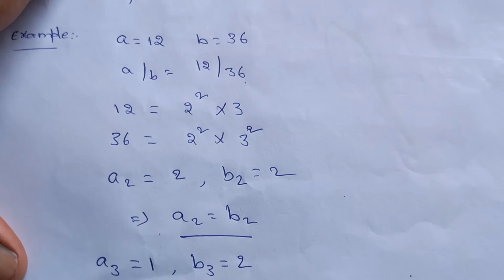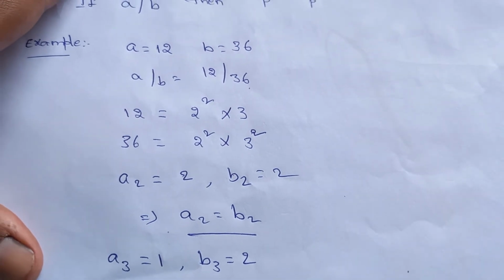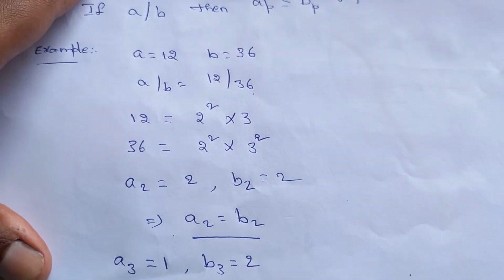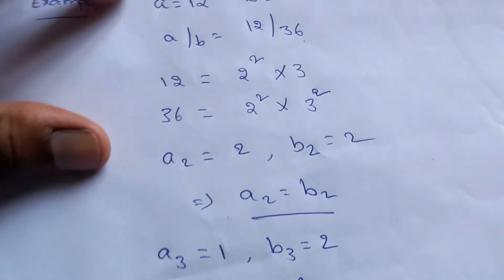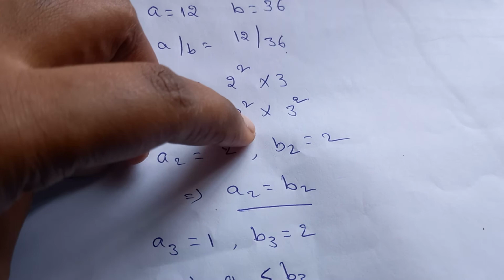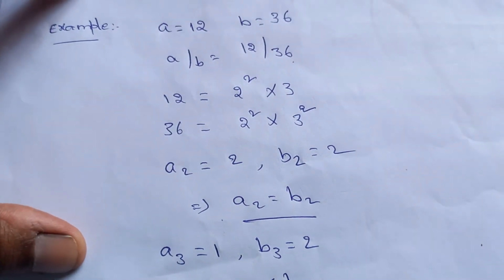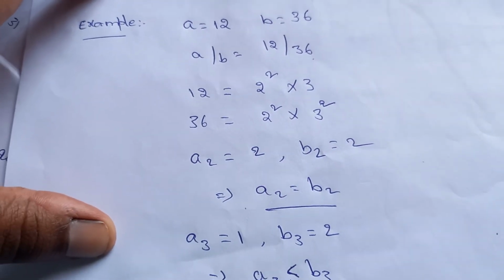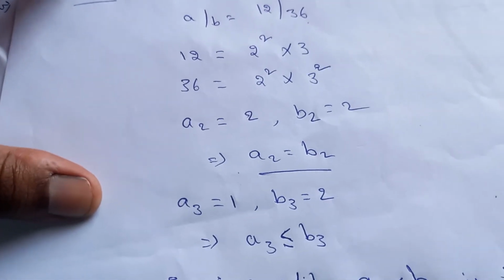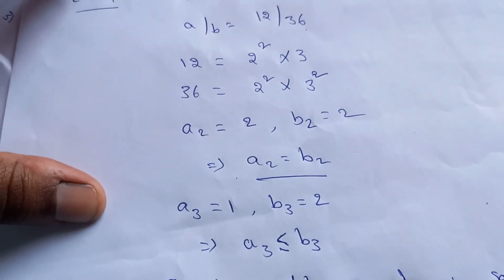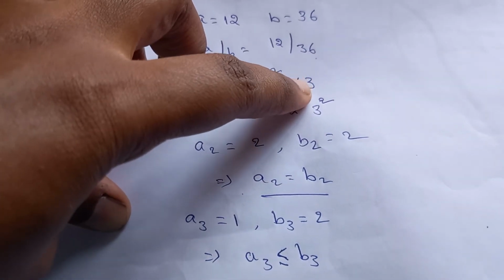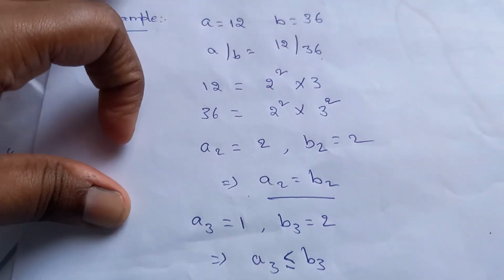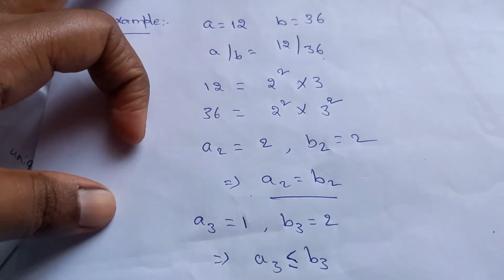Now see here, a2 equals b2. What is a2? 2 power 2, and b2 is also 2 power 2. These two are the powers. Now a2 equals b2. Next a3: the exponent of 3 is 1, and for b the exponent of 3 is 2.